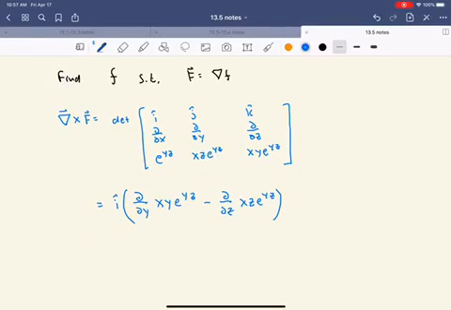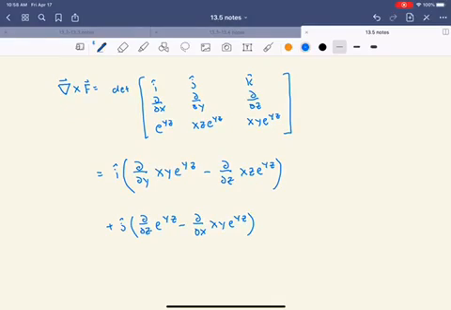Then the j hat is going to be partial with respect to z of e to the yz, minus partial with respect to x of xy e to the yz, plus k hat, and the k hat is going to be partial with respect to x of xz e to the yz, minus partial with respect to y of e to the yz.